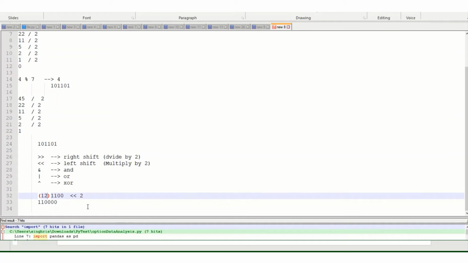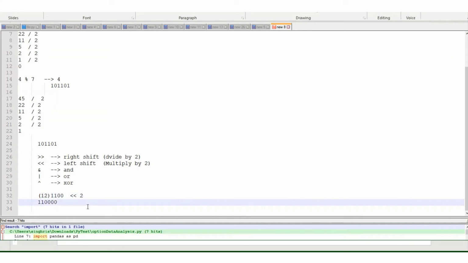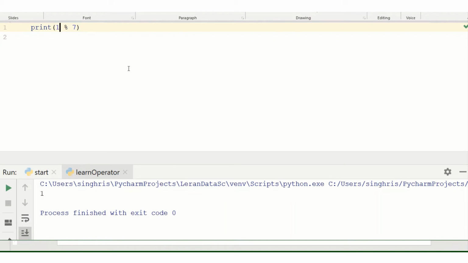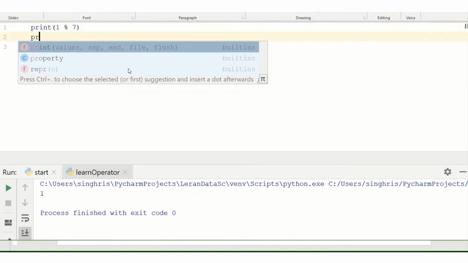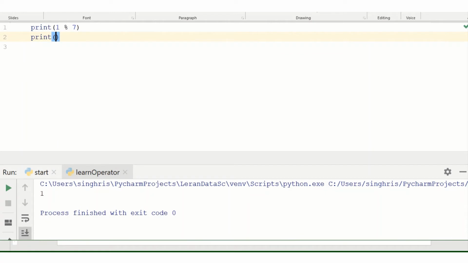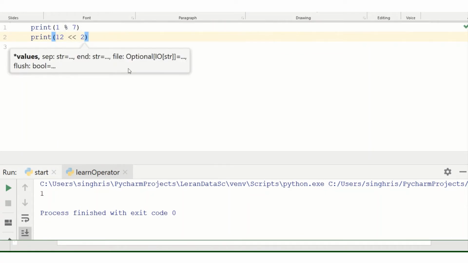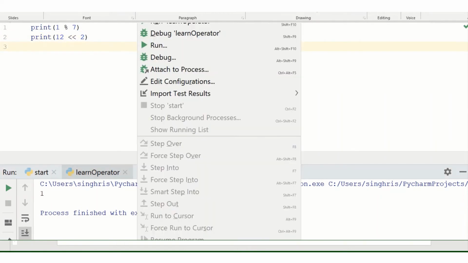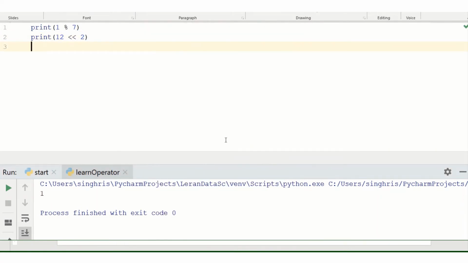Okay, and this number is 48. So let's check it. Suppose here I will show you, like print 12 left shifted by 2. Okay, now run it. You see 48.